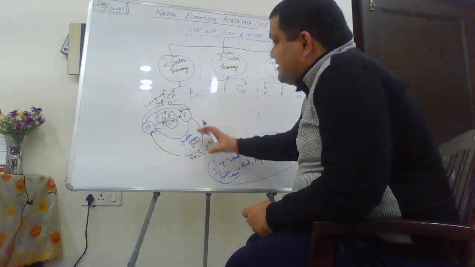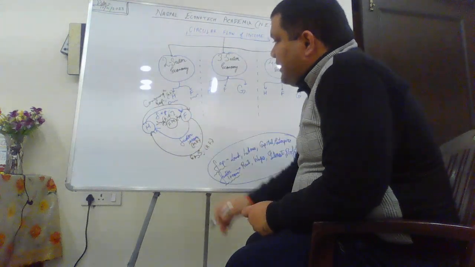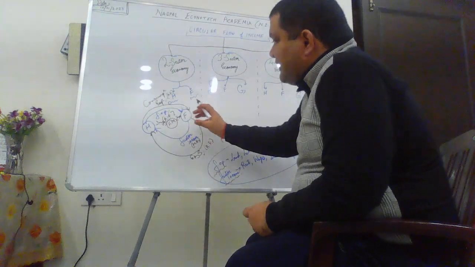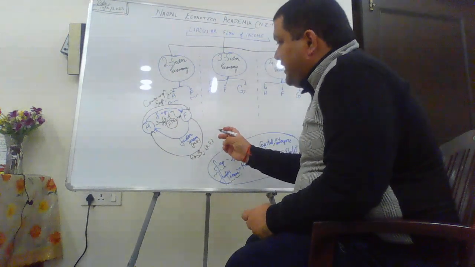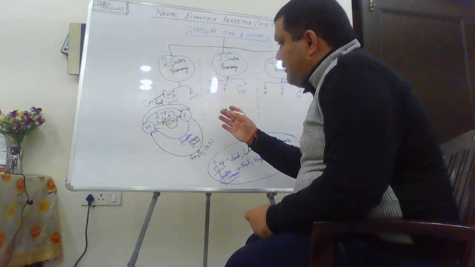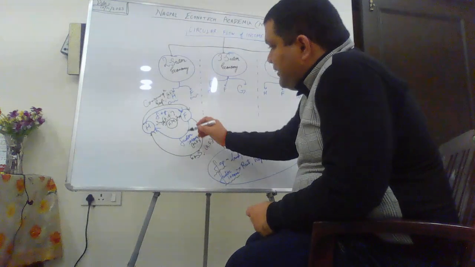The flow which we had discussed is the actual circular flow in the two-sector economy. Now the savings which are happening, that is basically taking out the money from the two-sector economy, right?